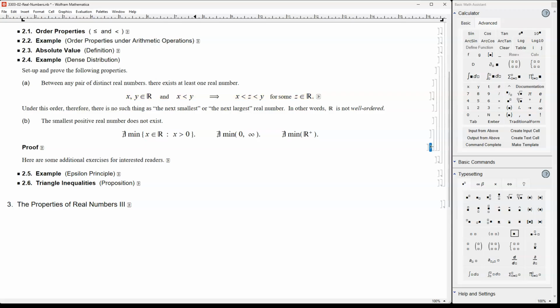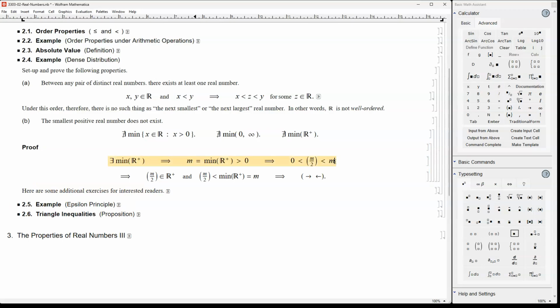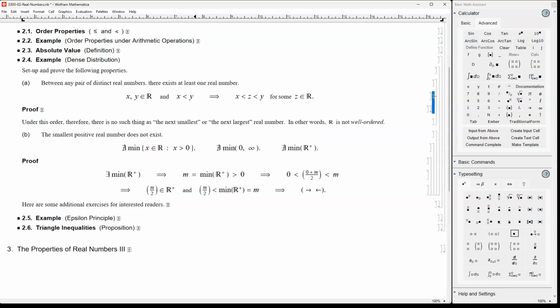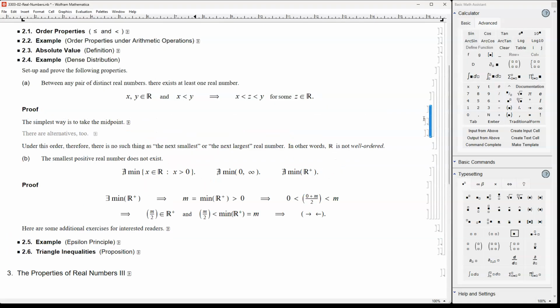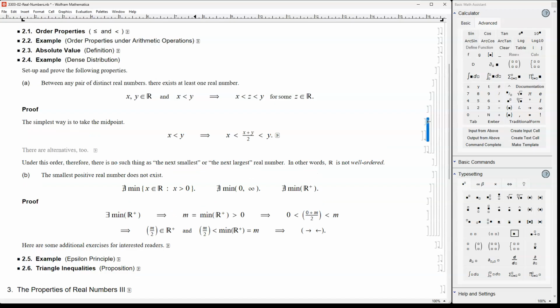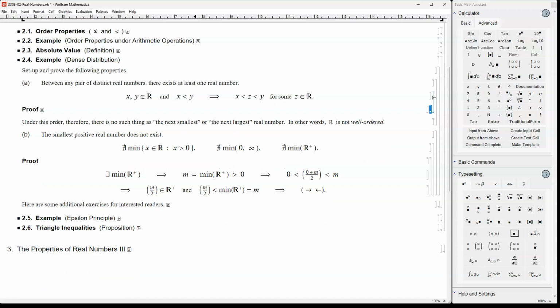Alright, finally the answer is coming. You can find a real number between 0 and m like this, half of m, or 0 plus m over 2, the average. Yeah, we use the average here, like that.